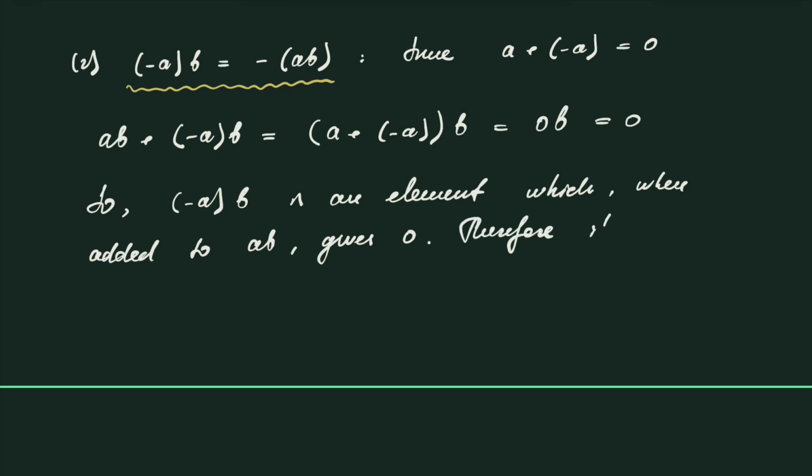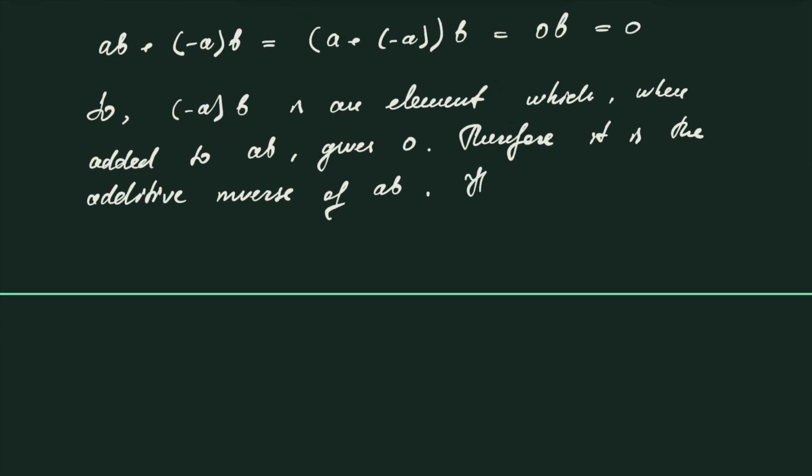Therefore, it is the additive inverse of AB. Hence, minus A times B is by definition minus AB, since the additive inverse of AB is minus AB. We denoted it earlier.